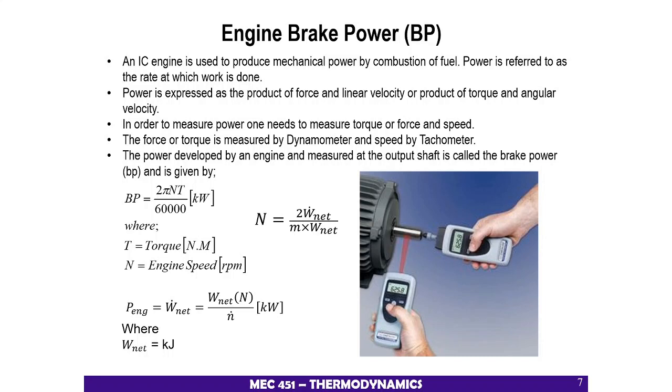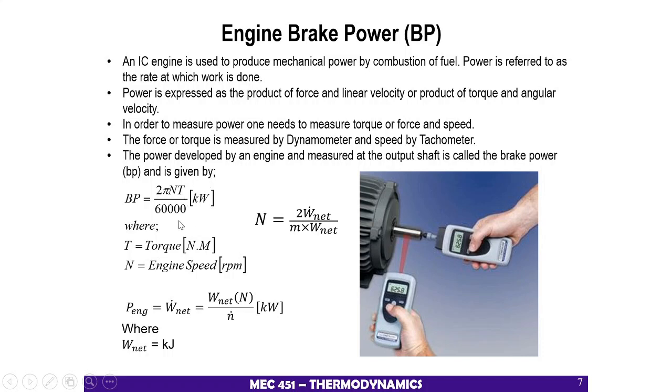The force or torque is measured by a dynamometer and speed by a tachometer. The power developed by an engine and measured at the output shaft is called the brake power, BP, and the formula is given by BP = 2 pi N T divided by 60,000, where N is the number of revolutions and T is the torque. So the unit is kilowatt.